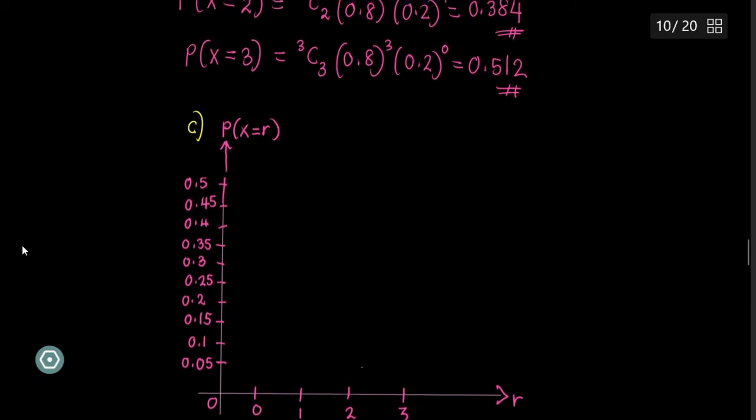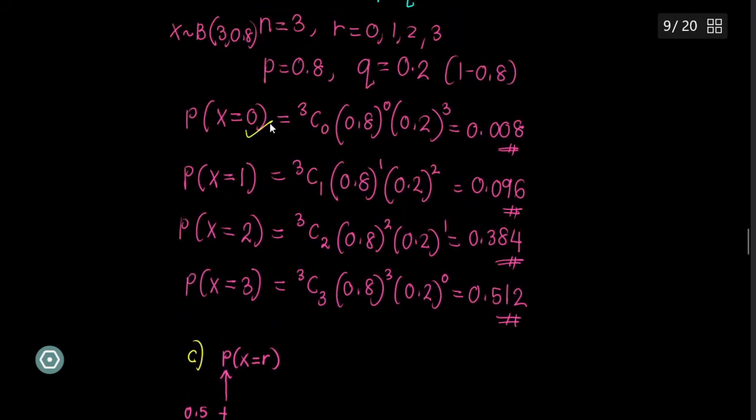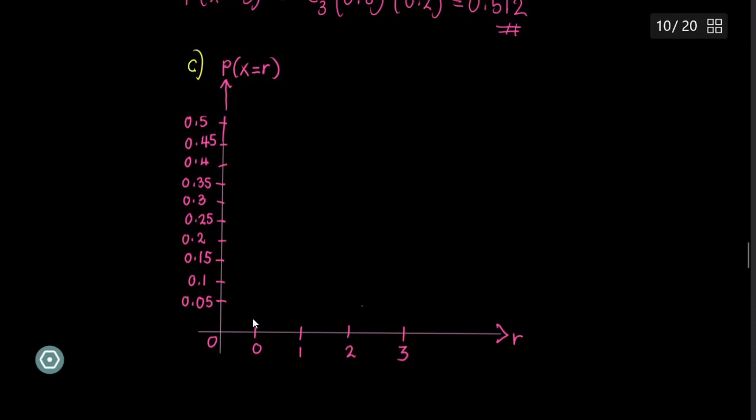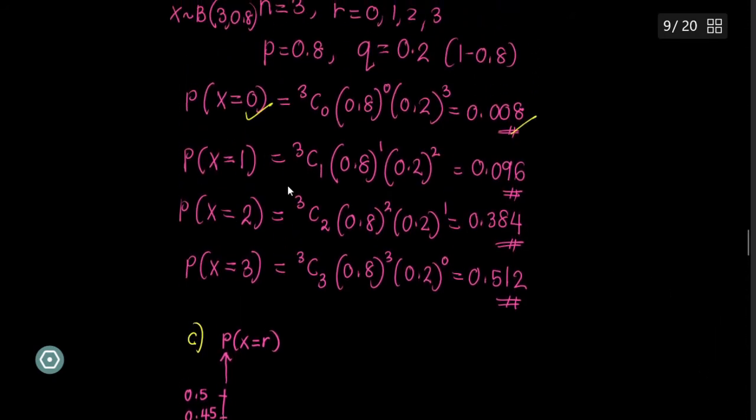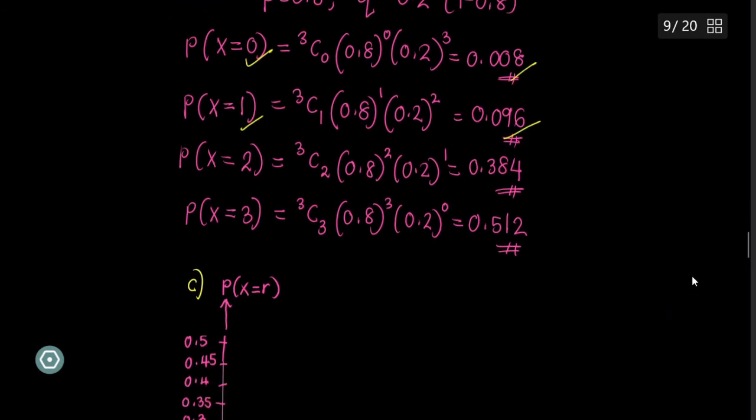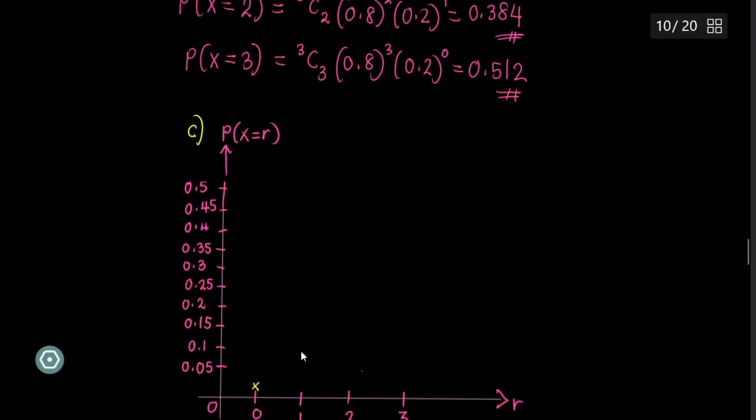The first one, make sure I do it correctly. 0, 0.008. So somewhere here is very low. On graph paper you can calculate accurately. For probability when x is 1, 0.096, so it's roughly going to touch the number 1, but not yet.